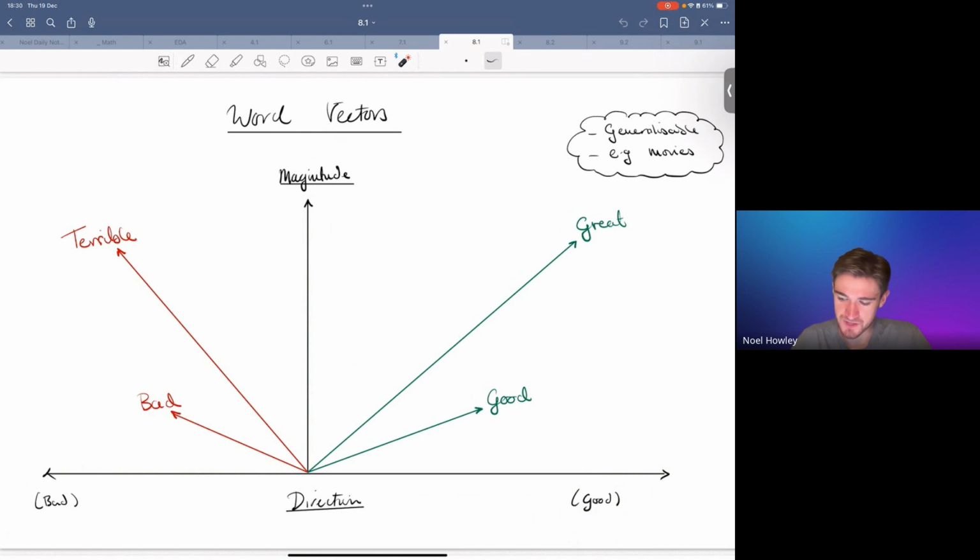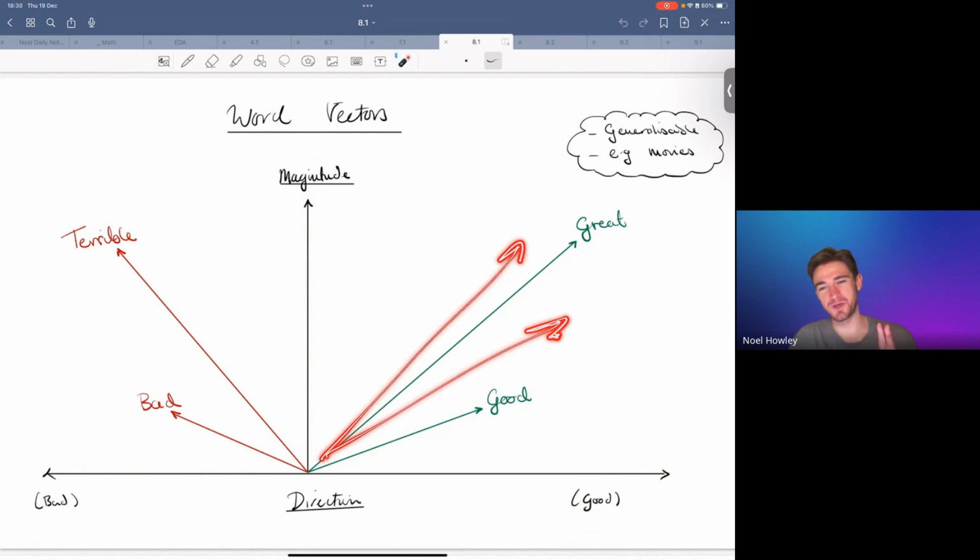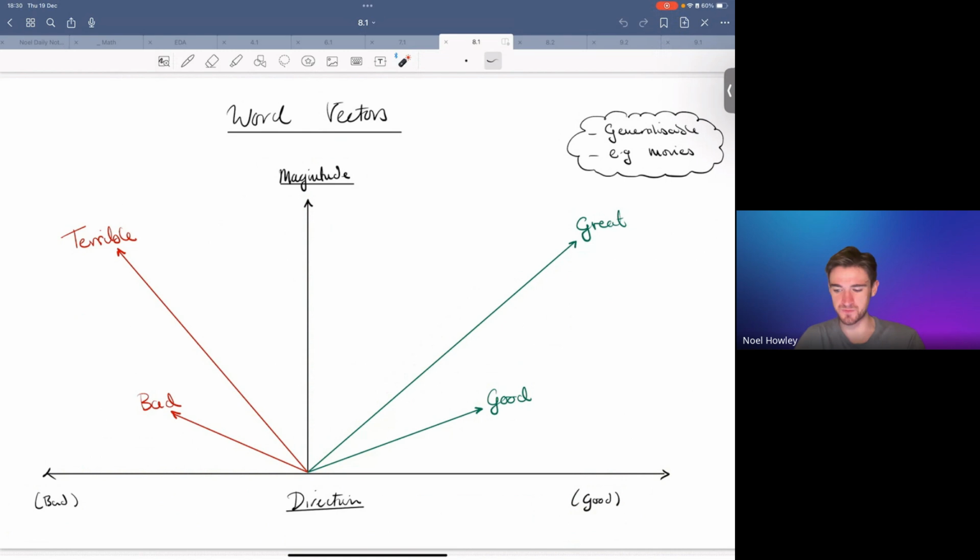So if you have a word such as good, it's definitely over in the good section, but its magnitude isn't as great as a word such as great. If we had fantastic, we could expect that to be over here somewhere, wherever we might draw it. But we could get a sense of where this word might belong, or brilliant might be over here, let's say.